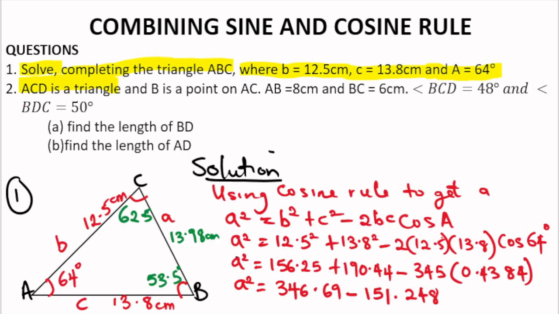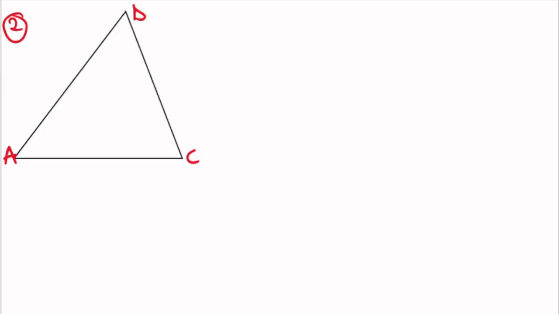It says B is a point on AC. So we have to denote that here. If this is A and C, B is a point here. To get this point, we draw a straight line from D here. So B is a point on AC.